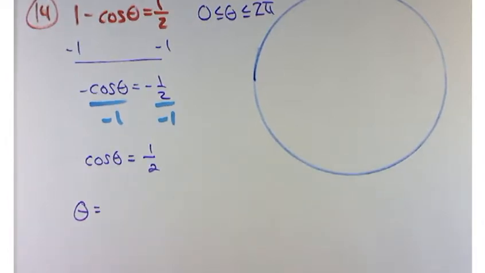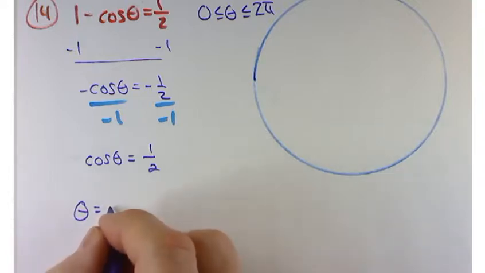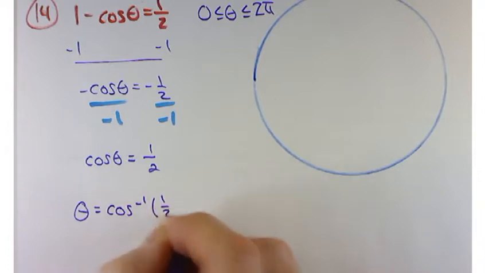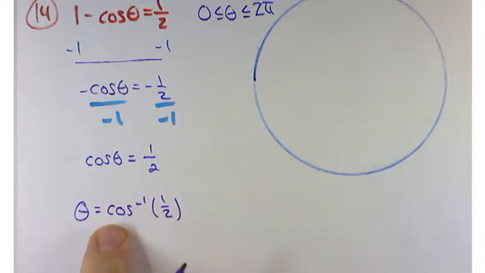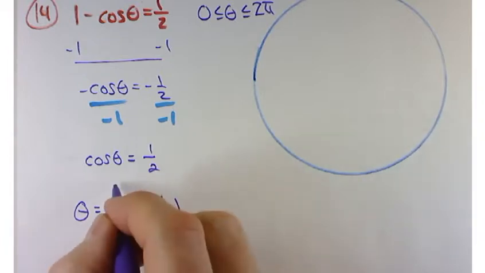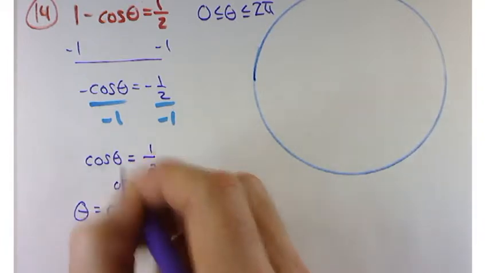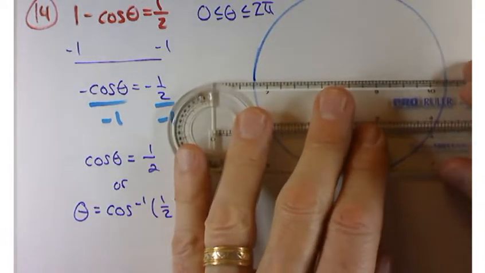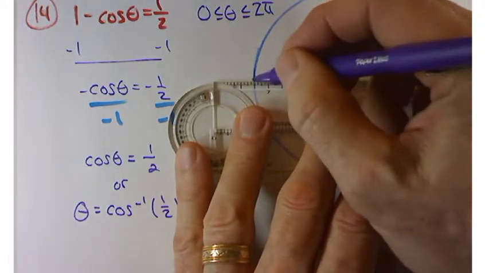Theta equals, not cosine. There you go, inverse cosine of 1/2. Basically, it's the angle whose cosine is 1/2. So these two things are equivalent. I could write this one or this one. It doesn't matter which one I choose. Either way, it represents the same thing.